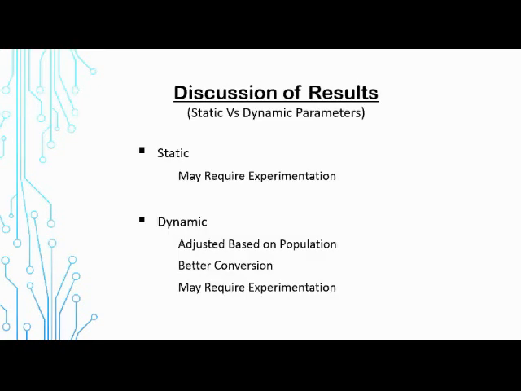The first limitation is that I have decided to go with static parameters instead of dynamic parameters. If you remember, dynamic parameters allow the mutation rate and the crossover rate to adjust as the algorithm evolves. Based on the results of the experiment and the control, we can say that the solution does not seem to be converging after a certain point. Experimental run number 1 produced results similar in fitness to experimental result number 3.